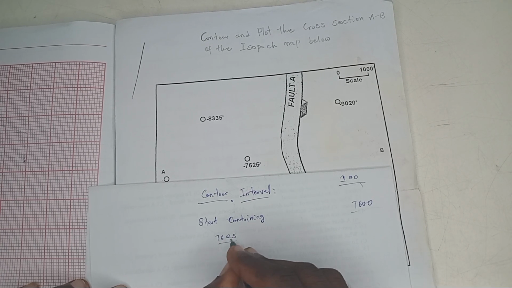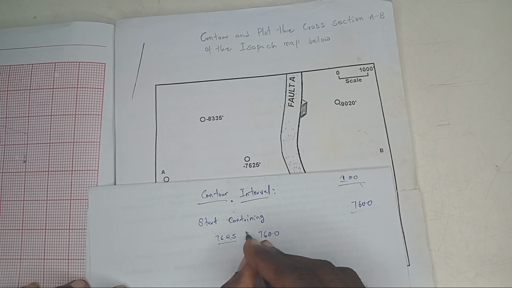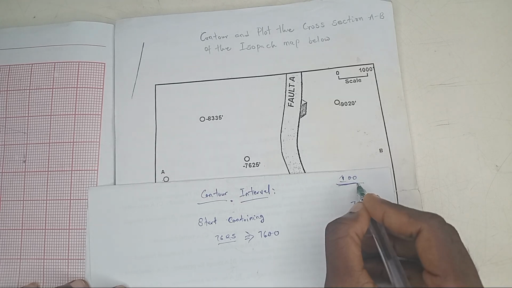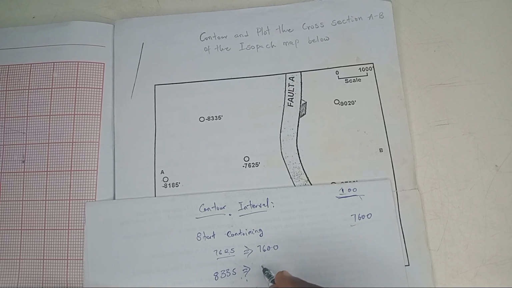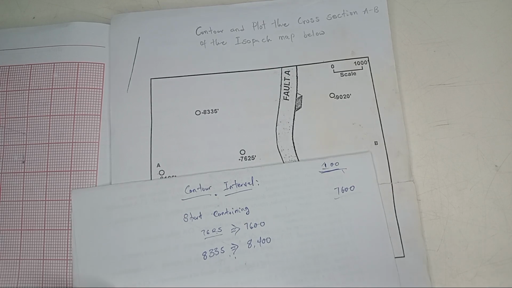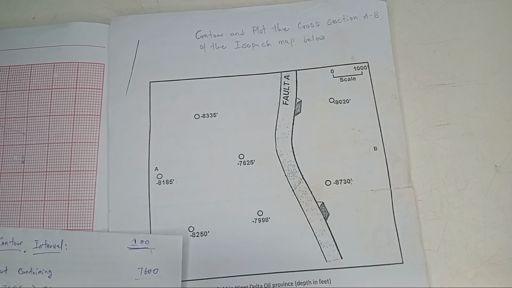Because this is not 100, you're going to start beneath it, which is 7600, because we choose our contour interval in hundreds. And the highest is 8335, so we're going to stop at what? 8400. Good.